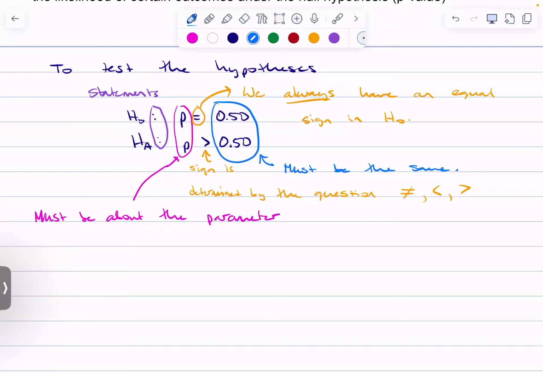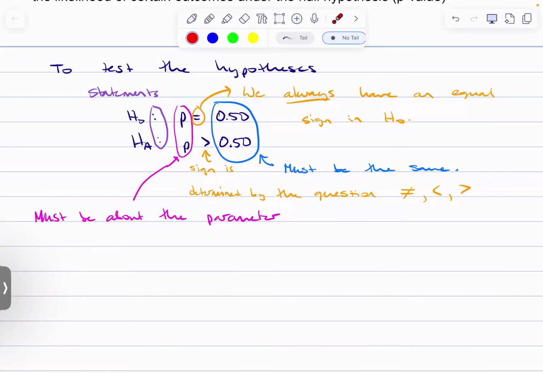And for now, we're just working with one sample proportion type questions, so they will all look something like this. I'm hypothesizing about P, and how it relates to some number from the question. In this case, we want to talk about a majority, and so that's where we get the 0.5 from.